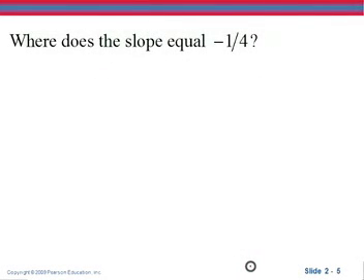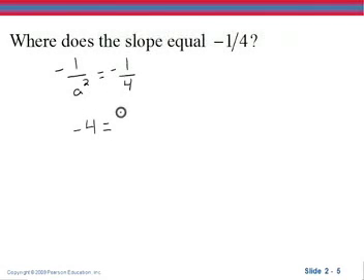Now, where does the slope equal negative 1/4? Well, if the slope is negative 1 over a squared, and we want to know where that is equal to negative 1/4, then we have a proportion. We can cross multiply. Negative 1 times 4 is negative 4, and a squared times negative 1 is negative a squared. If we divide both sides by negative 1, we'll have 4 equals a squared.